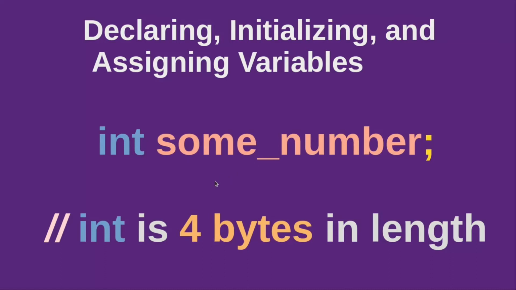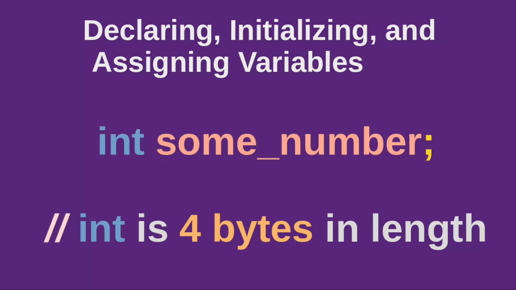So this is actually a variable. This statement tells the compiler to create a variable called some number and associate it with a memory location on the computer. We also tell the compiler the type of data that will be stored at that address, in this case an integer.